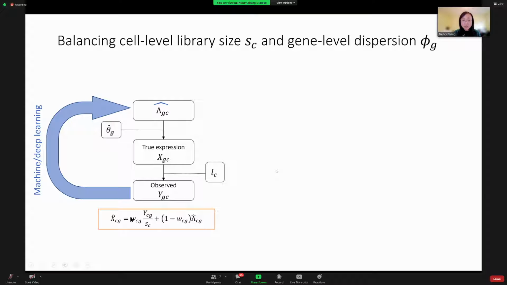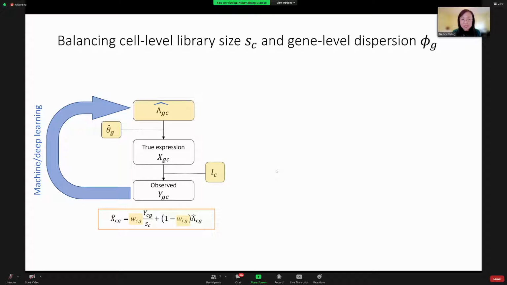It's just the weighted average of YGC over LC, actually this should be LC, this is a typo, LC plus 1 minus W. So this is a weighted average of your observed raw data point and your machine learning fit. I didn't write out the exact forms of the W, but it depends on these three quantities as you intuitively expect.